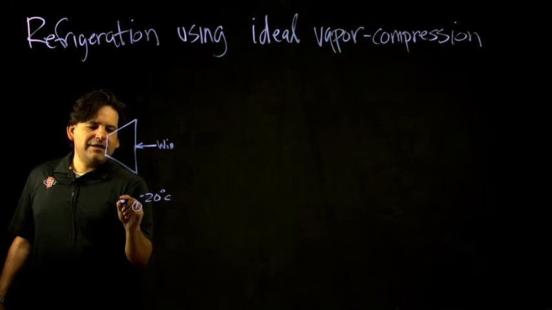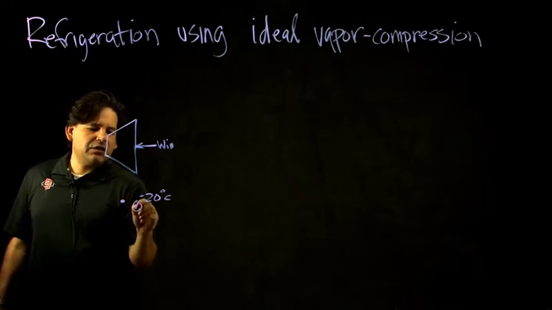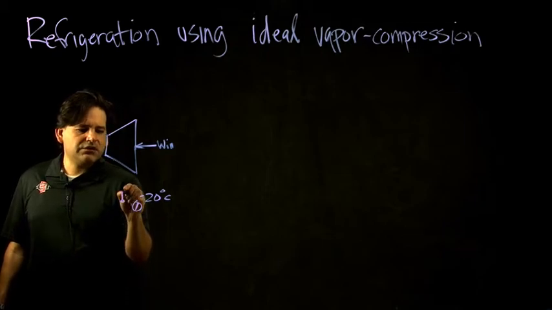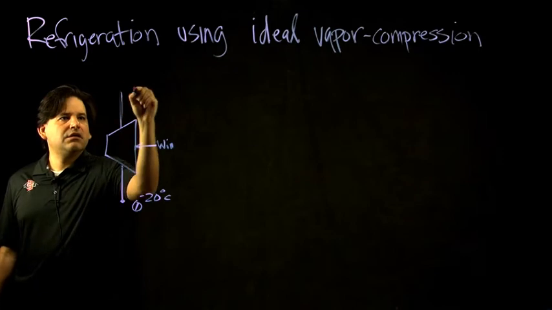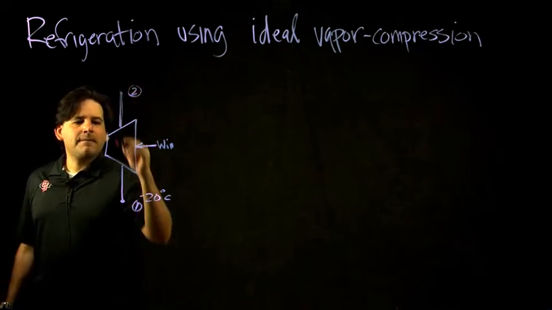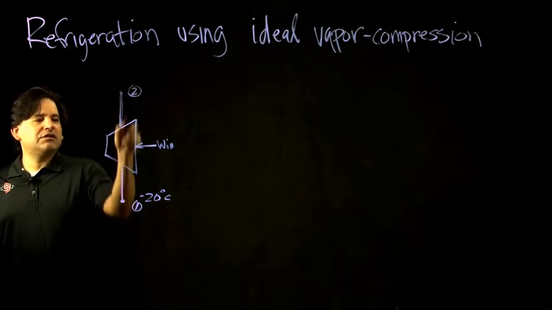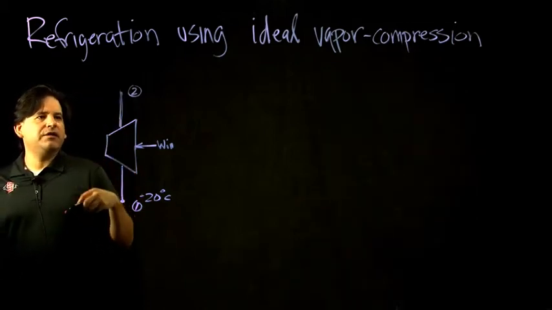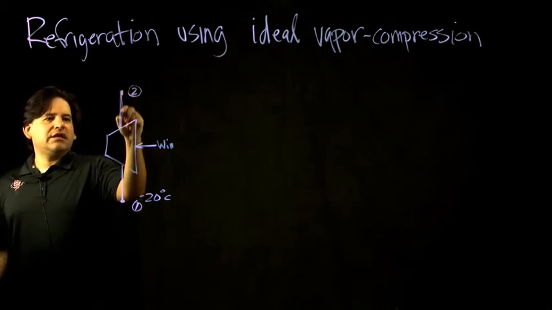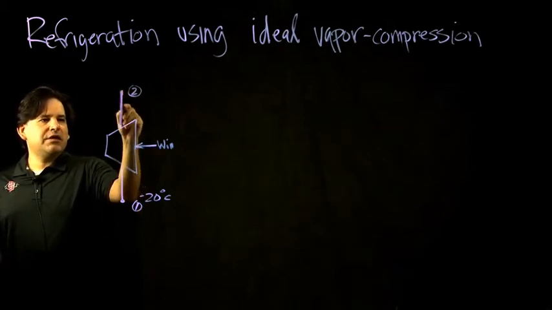This would be the end of the process, but let's call it state one, as most of the textbooks do. State one goes through the compressor to reach a higher enthalpy state and a higher temperature to keep the cycle going. It's refrigeration. So you fridge and then you refridge. The second state is coming out of the compressor.